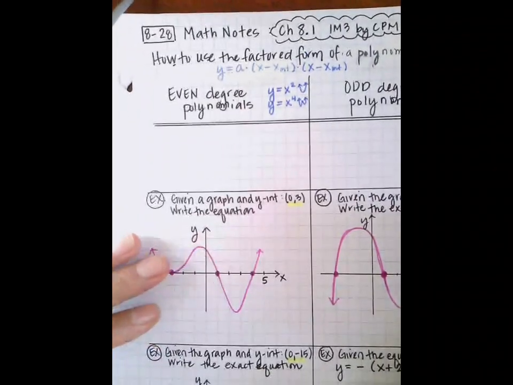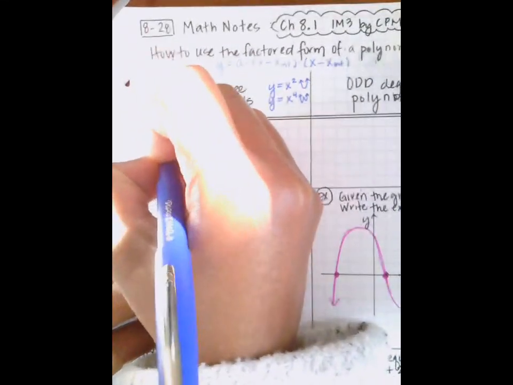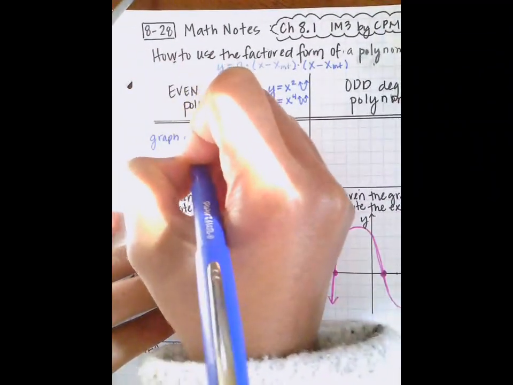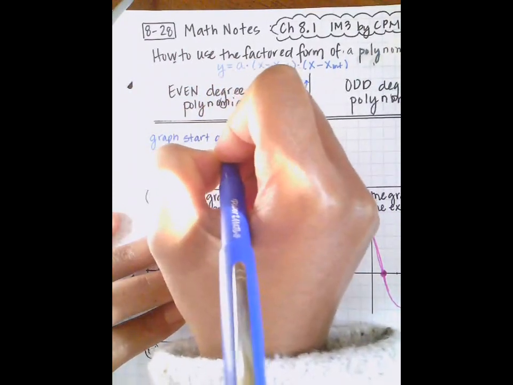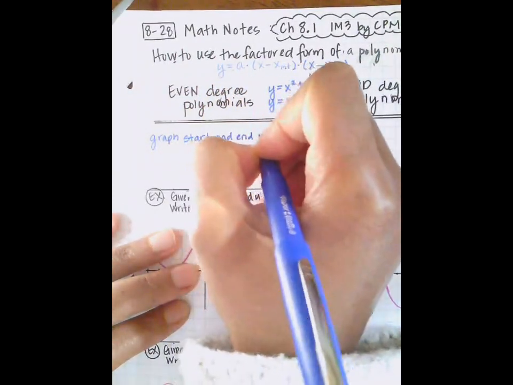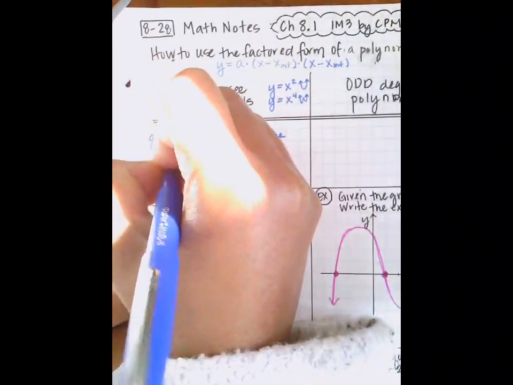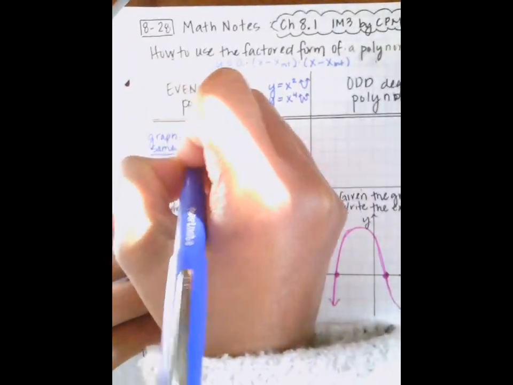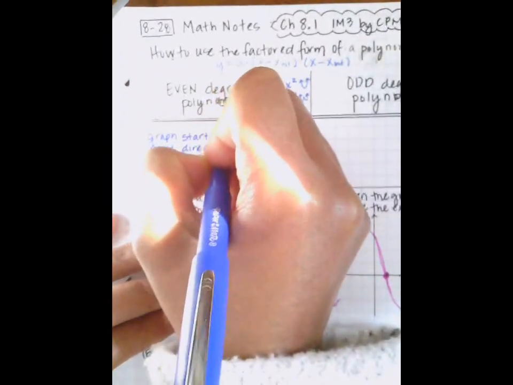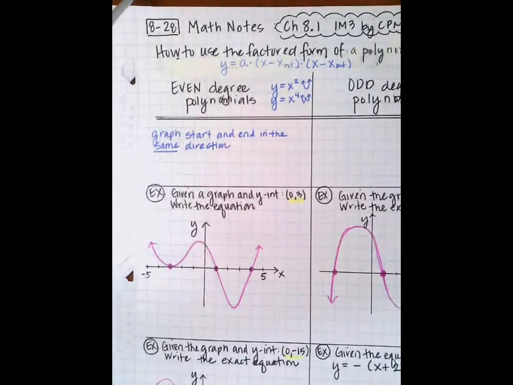And so that's a really important understanding, that the graphs start and end in the same direction. And that's a super important concept to understand because it helps us when we look at a graph and we're thinking about what is the highest degree term, how we can actually generate that graph.